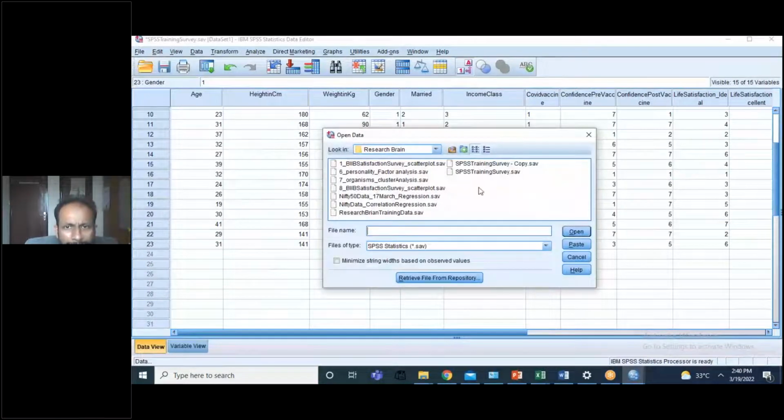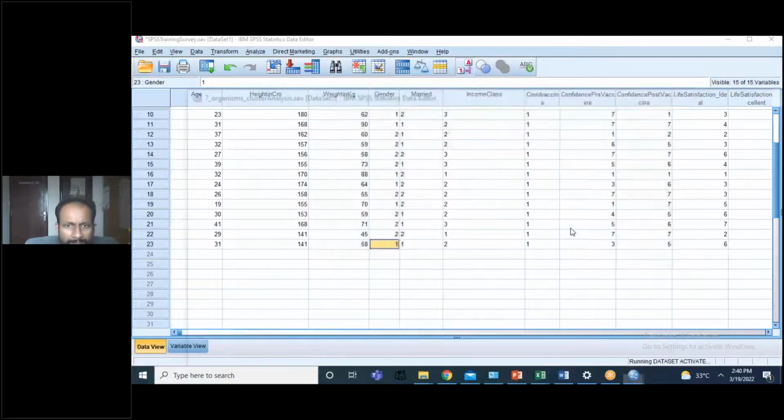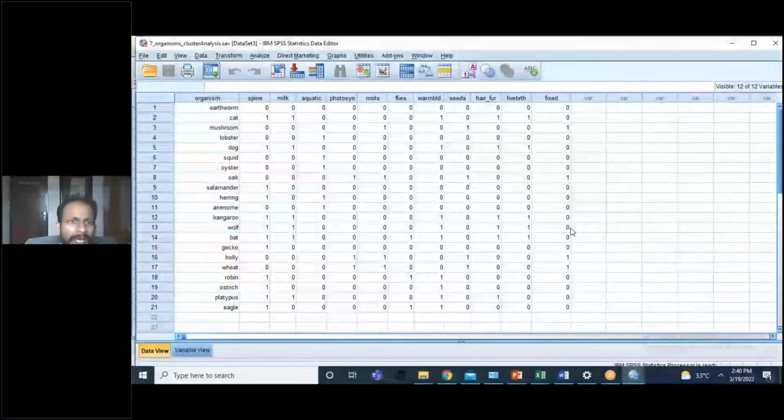And here it is, organisms. Okay, click on open. Here we have captured the characteristics of some animals and plants, and we are trying to figure out whether it is a plant or an animal, whether it is a mammal or a reptile, what exactly it is, right?